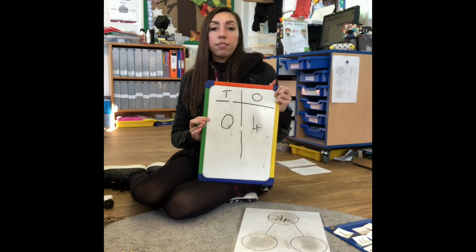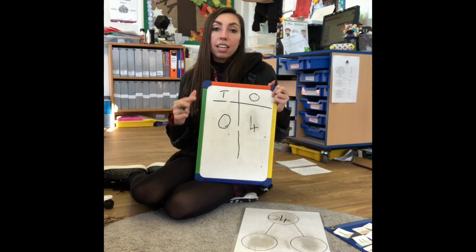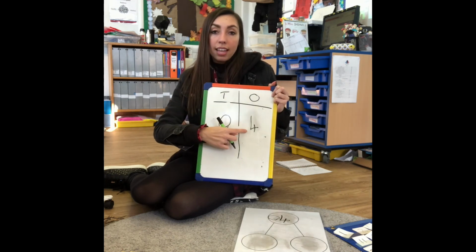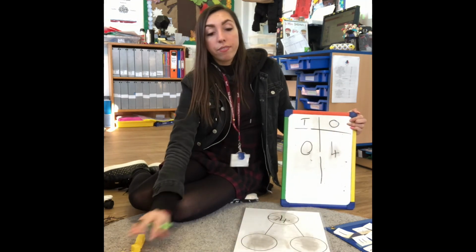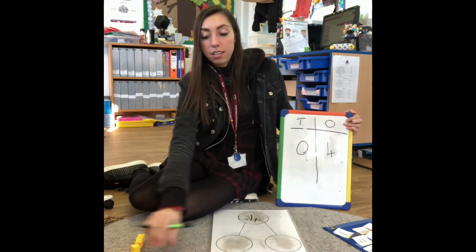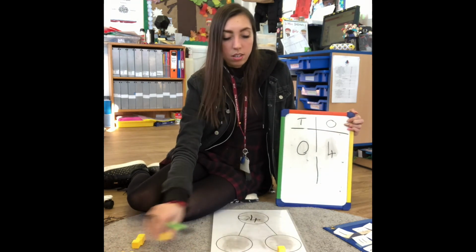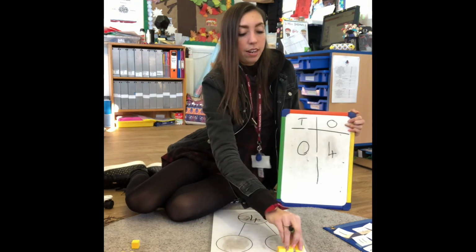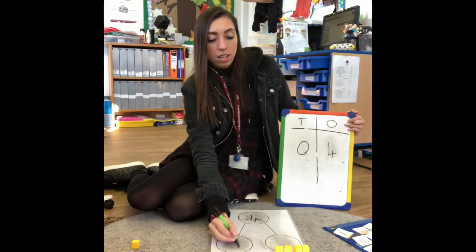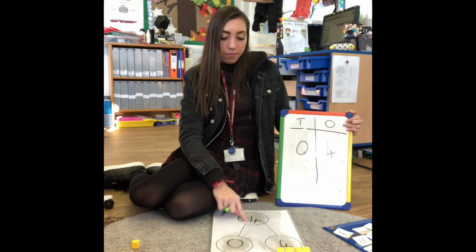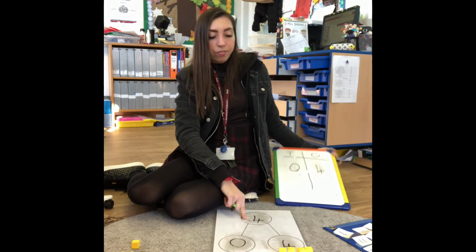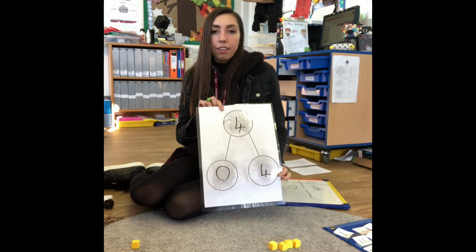Nothing, 0. 4 is the same as 0 tens and 4 ones. So this is where I do 0 tens and 1, 2, 3, 4 ones. 0 tens and 4 ones. Yeah? So 4 is the same as 0 add 4.